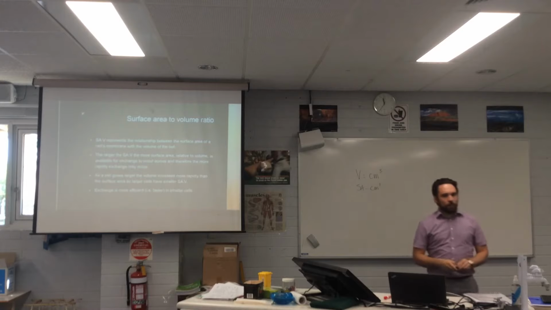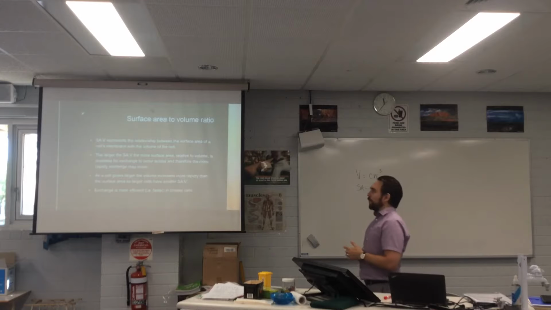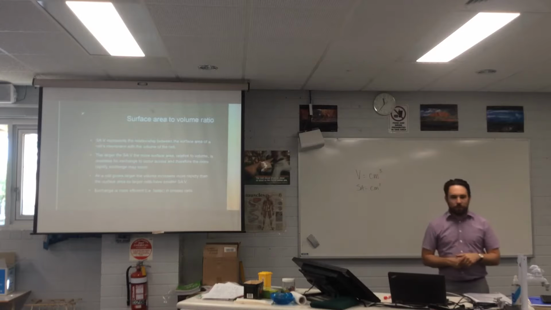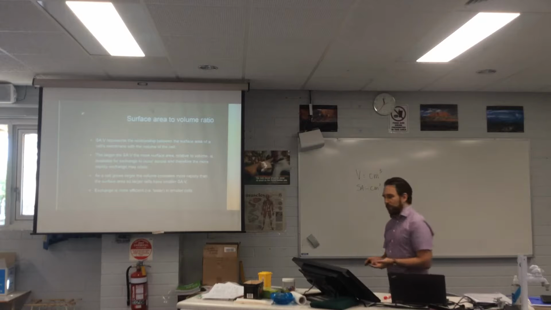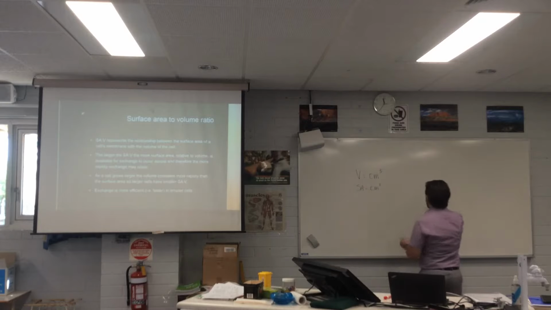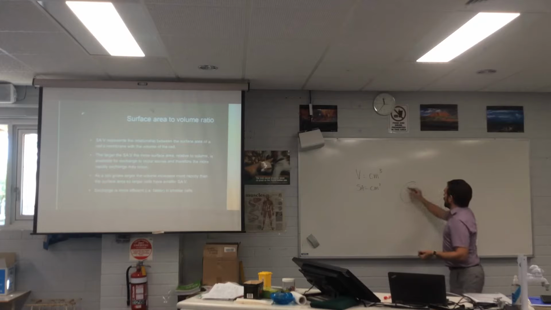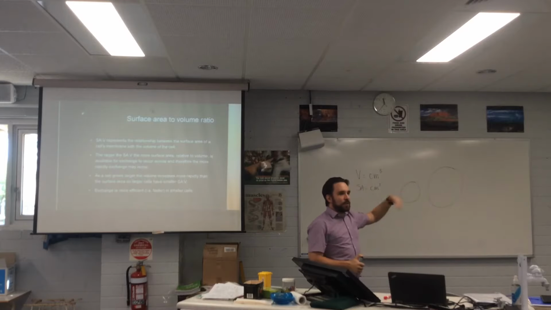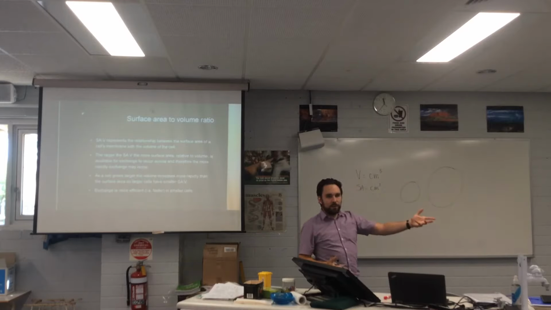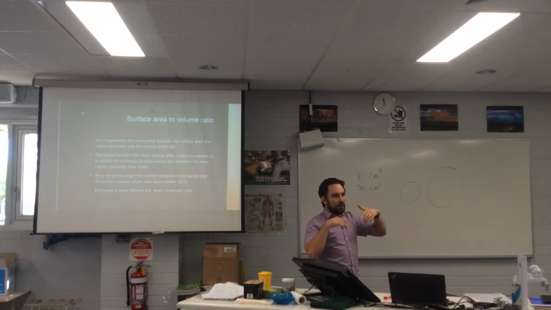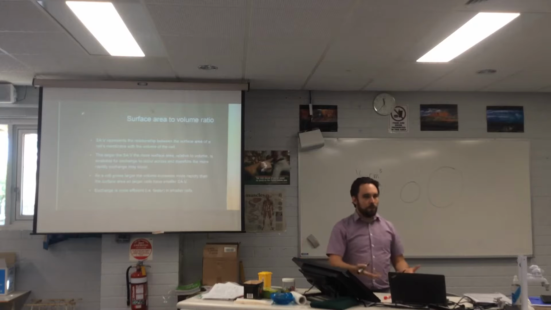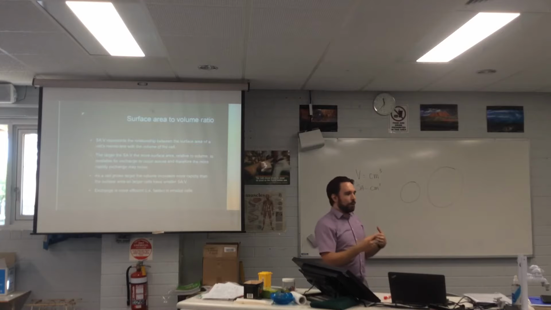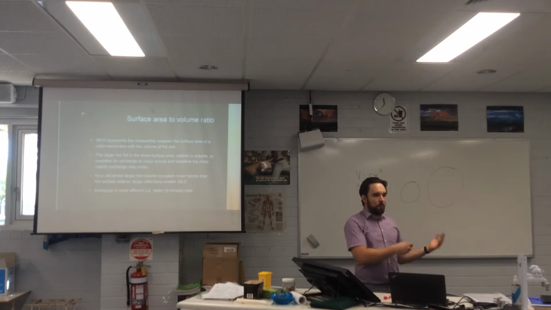This is the problem. So the larger the surface area to volume ratio, the more surface area relative to volume is available for exchange to occur. If we have, I know this isn't three-dimensional, but if these are our two potential cells, the larger one has far more massive surface area. So it is actually, by volume, able to undergo more diffusion. More substances can cross into that cell.